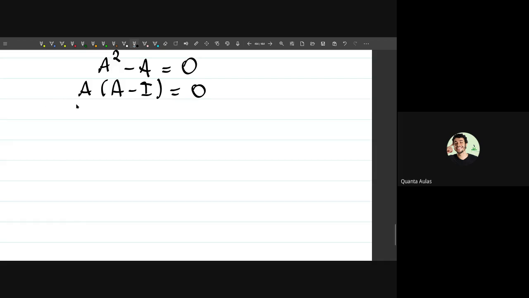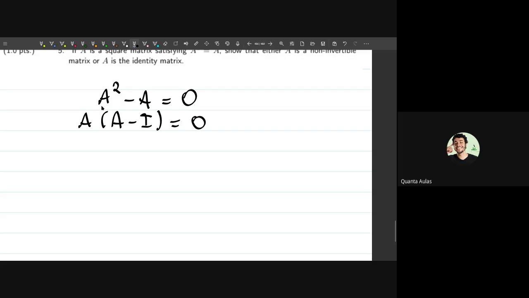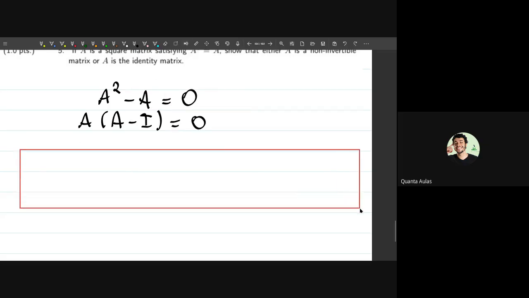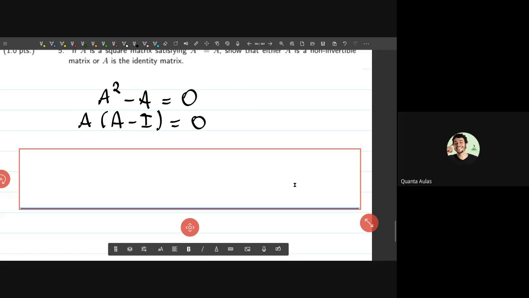For example, if the matrix A is not invertible, meaning the determinant of A equals 0, okay? This is a property of matrices. So this is our first case, case 1: matrix A is non-invertible, meaning that the determinant of A equals 0.